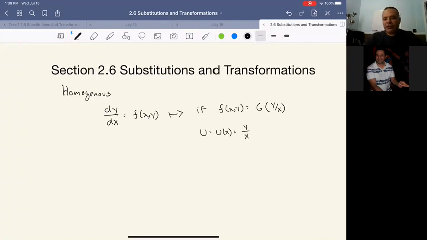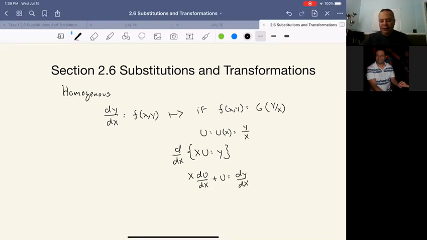Okay, and we'll make a transformation. Let me explain what the transformation is real quick. I'm going to write xu equals y. Then taking the derivative with respect to x on both sides, we get x du/dx plus u equals dy/dx.